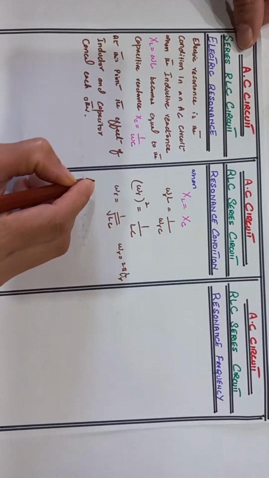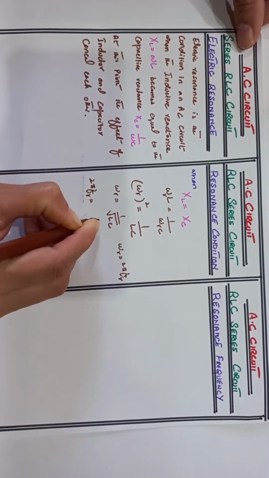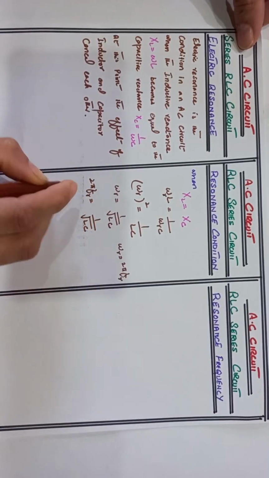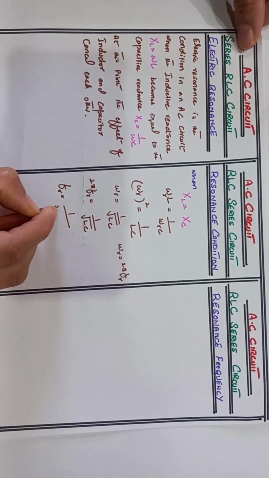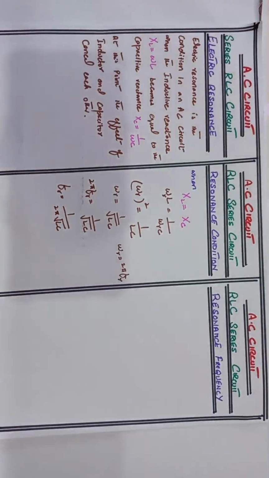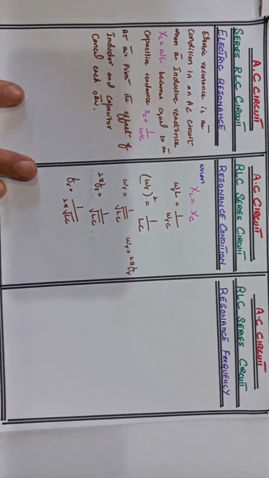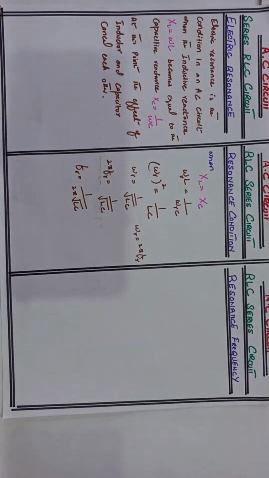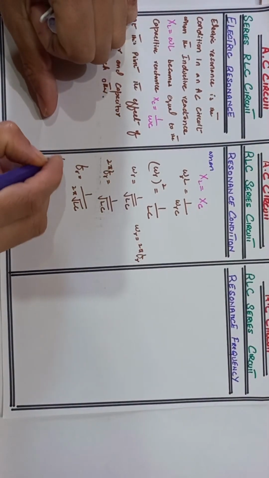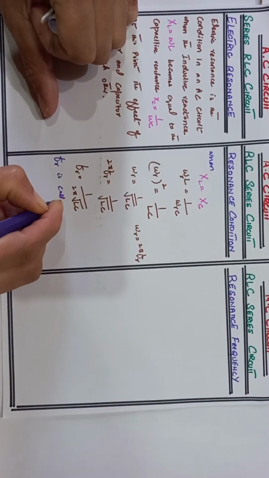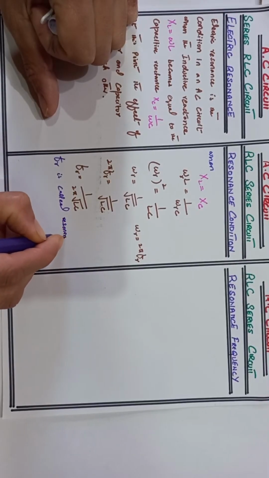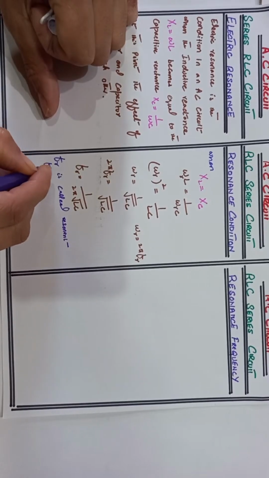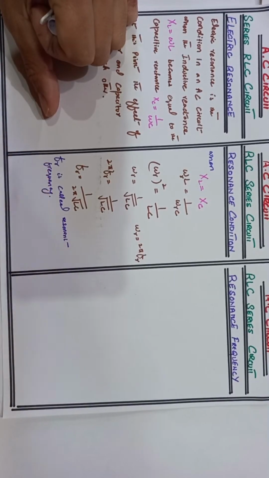So here we write that omega R is equal to 2 pi fR, which is 1 over square root of L C. And here we get the value of the resonant frequency: 1 over 2 pi square root of L C. Fr is called the resonant frequency.